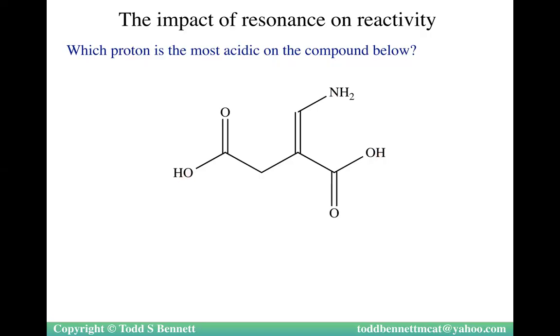So when I consider resonance, they each are going to have a resonance structure like this and like this, which means they are equal by resonance so far, but there somehow is this extra impact of this group. It must be doing something.